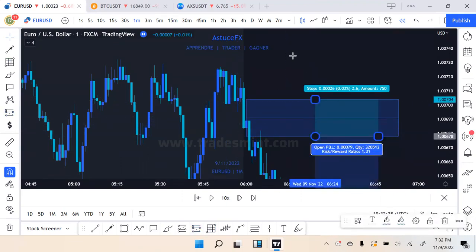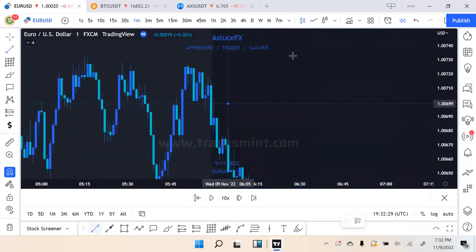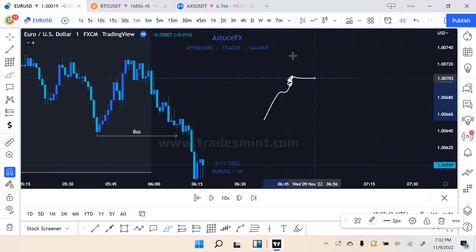So the high that you think has a lot of stop losses is the high that might be manipulated. So you get a line here. You want price to come here, take the stop loss of whoever is selling here, tap your entry, and you sell it down. I hope that makes sense.